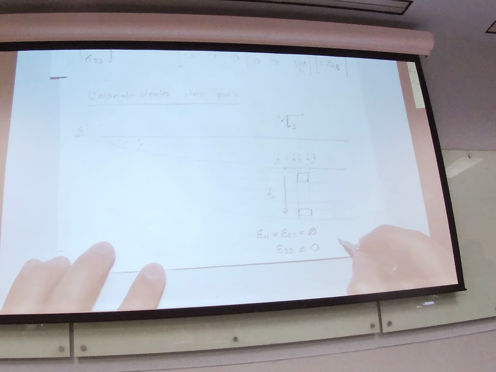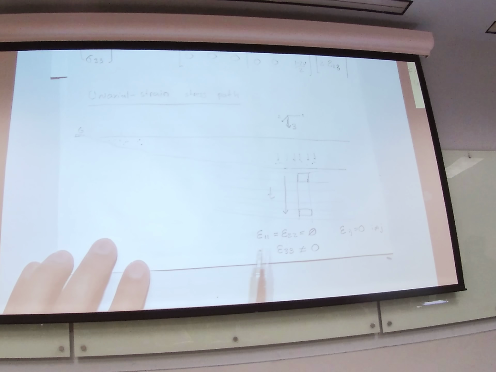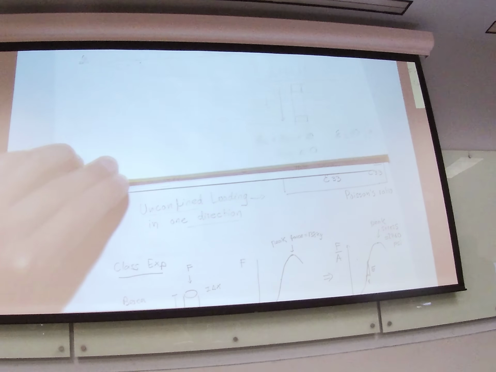And further, I'm going to say that all the shear stresses are equal to 0. Let's see what is going to be the effect of assuming these more realistic subsurface conditions on the relationship between stress and strain.